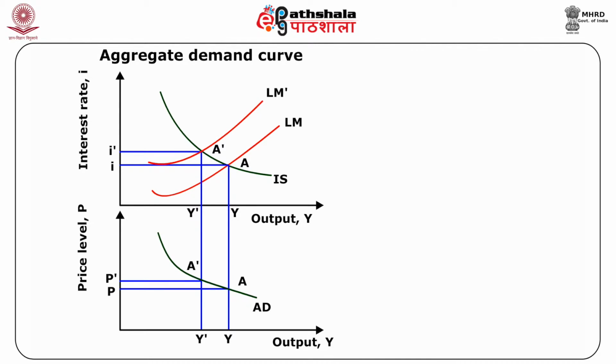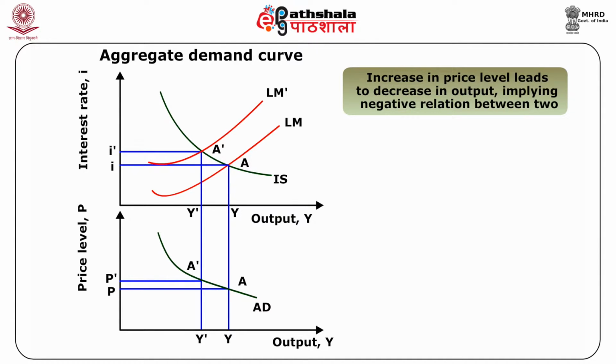The LM curve shifts up, as at a given level of output, due to the decrease in real money supply, the interest rate increases. The economy moves along the IS curve and the new equilibrium is established at A'. The interest rate increases from i to i', and output decreases from Y to Y'.